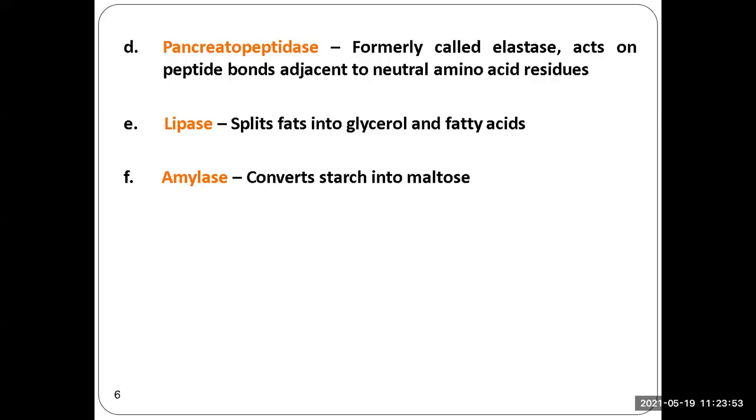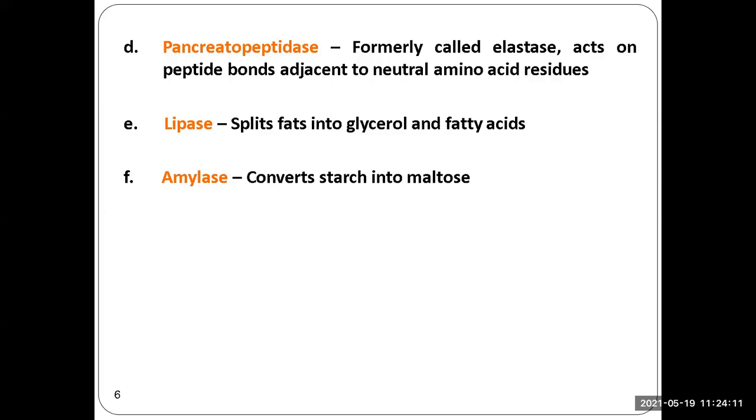The second main function of pancreatic juice enzymes is the digestion of fat. With the help of lipases, triglycerides are separated into glycerol and fatty acids.